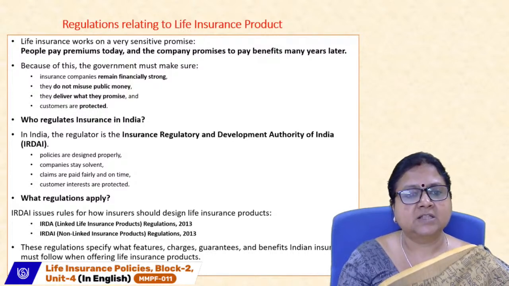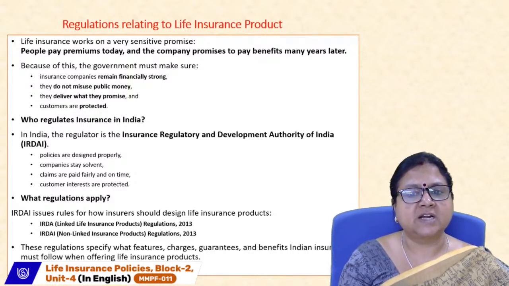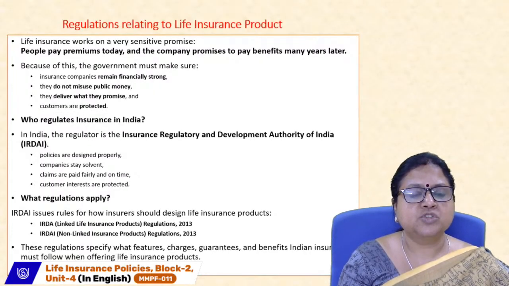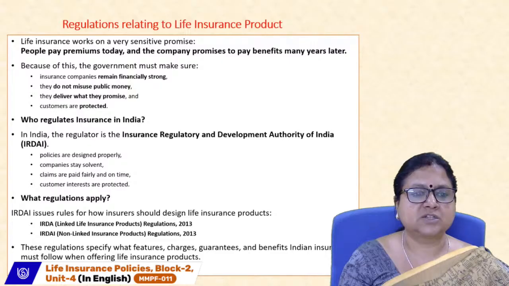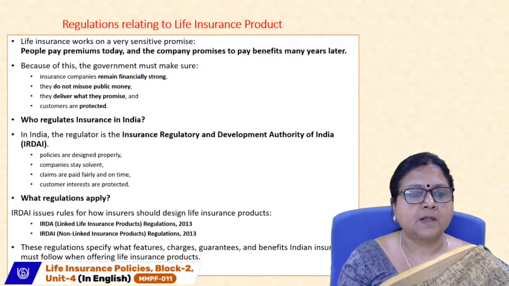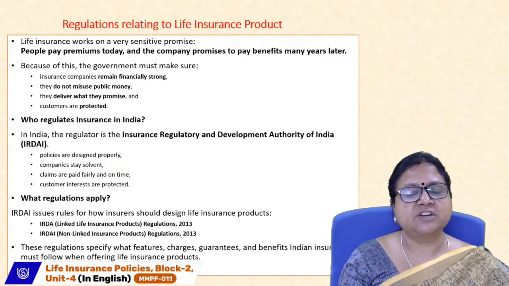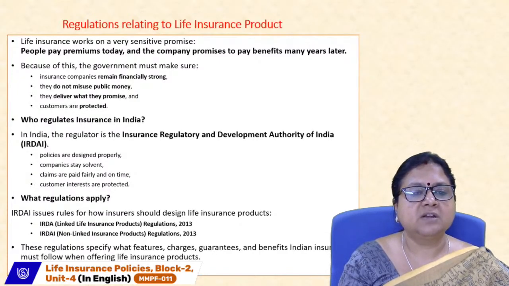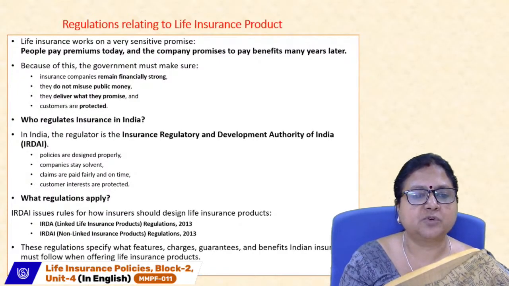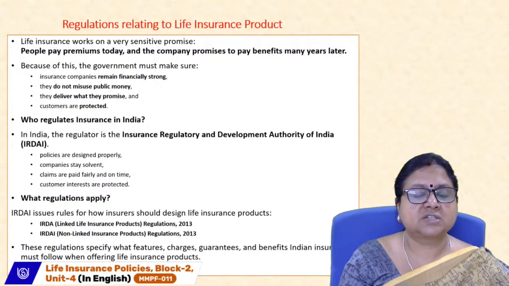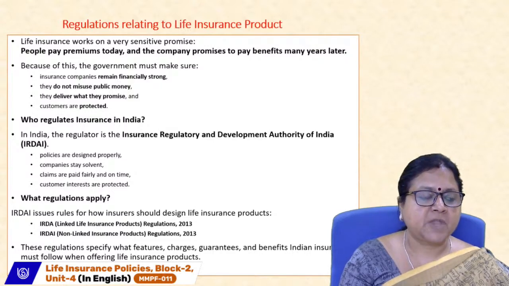In India, the regulatory authority is IRDAI, which designs the policies, sees that the companies stay solvent, that claims are paid fairly and on time, and that customer interests are protected. They are the main authority which provides the framework within which the entire life insurance industry operates.